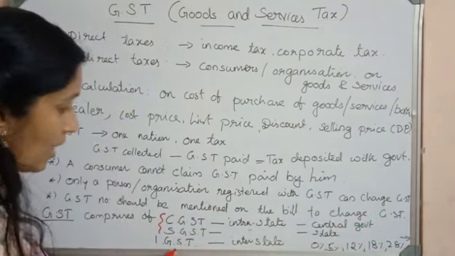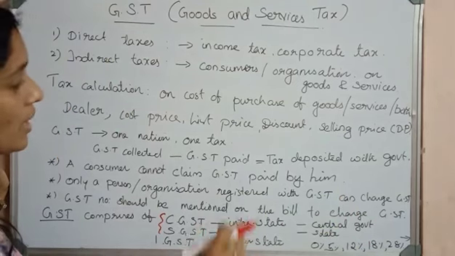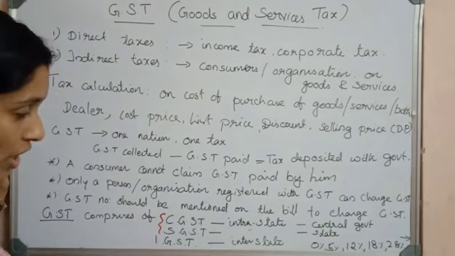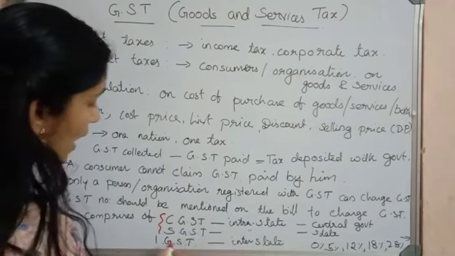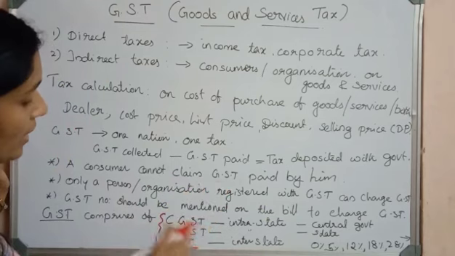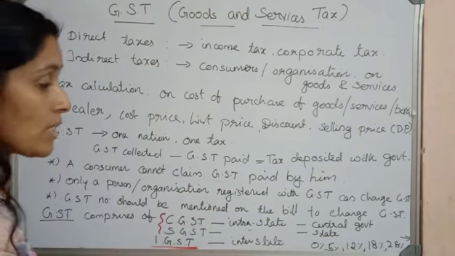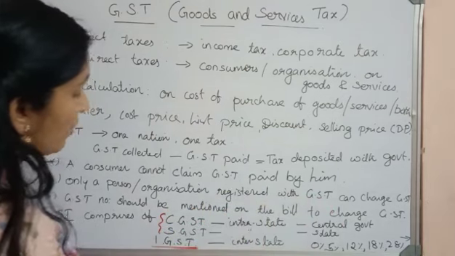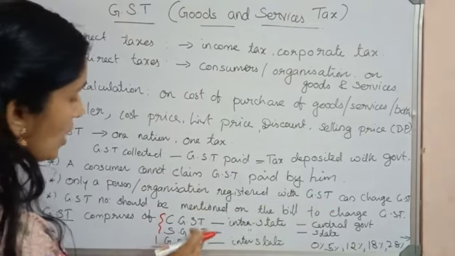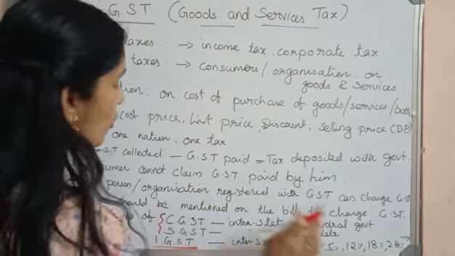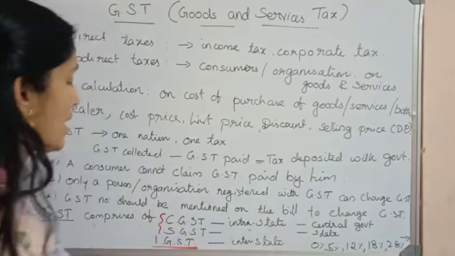And IGST is to be paid whenever the sale is happening between states, from one state to another state. This IGST is divided between the state government and the central government. But if the transaction is taking place within the state, CGST and SGST are paid separately. CGST goes to the central government and SGST goes to the state government.